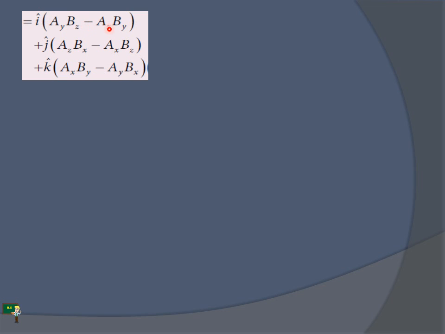If you know the matrix, you can easily define this, plus j cap (AZ BX minus AX BZ) plus k cap (AX BY minus AY BX).